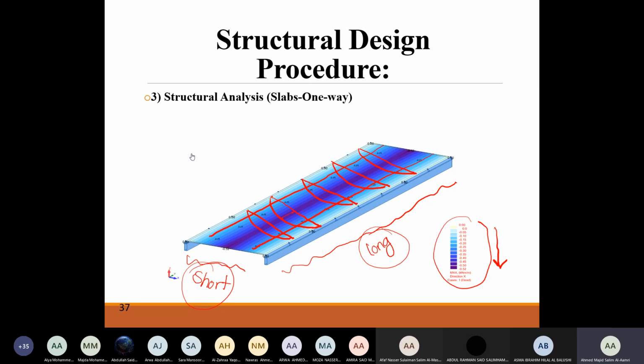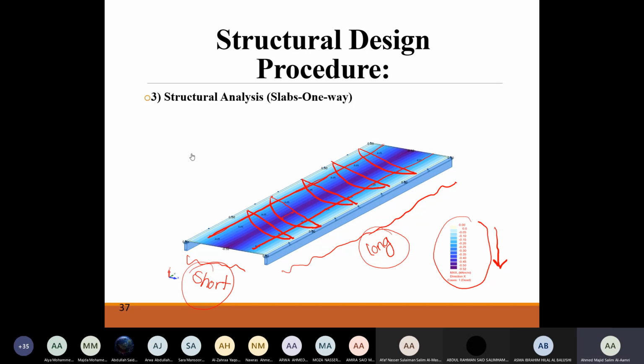Once again, from the picture, it's very clear. If I take a portion from the long direction, any time I change the longer portion, my bending moment changes. But if I take it for the shorter, it's always the same.